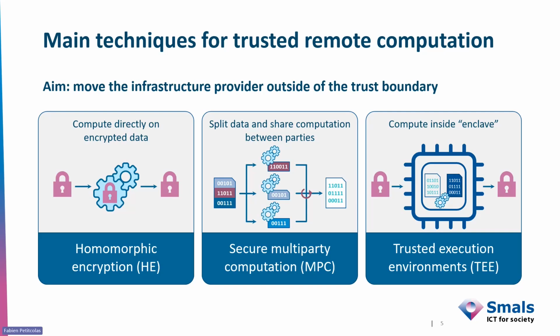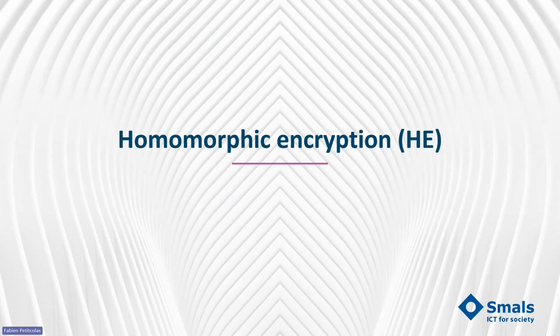And here we will split the data in pieces and do some processing on the pieces individually and recombine the result. And the last one, where I will spend a bit more time, are called trusted execution environments. And there we leverage the strength of hardware security to provide some special mechanism to protect the data. So let's look at each of them in turn, and starting with homomorphic encryption.